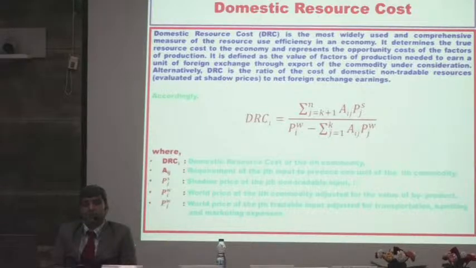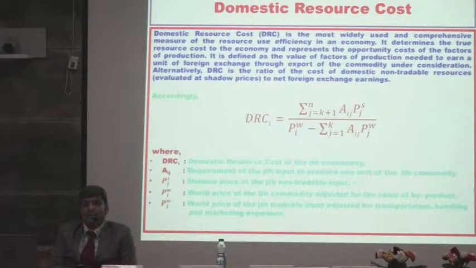If we have used more than $1 in production, then we should import that commodity rather than produce it domestically. And in this, we use shadow prices rather than market prices. Shadow prices are the actual prices, and we can say shadow prices are the prices for perfectly competitive markets. In perfectly competitive markets, we assume that there is no taxation and no subsidies.